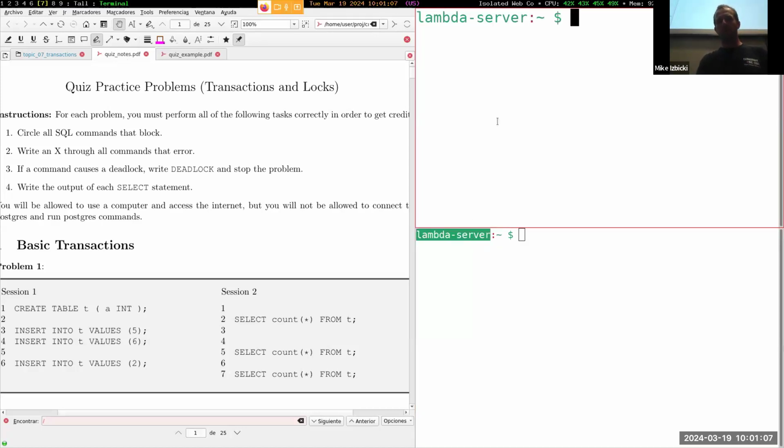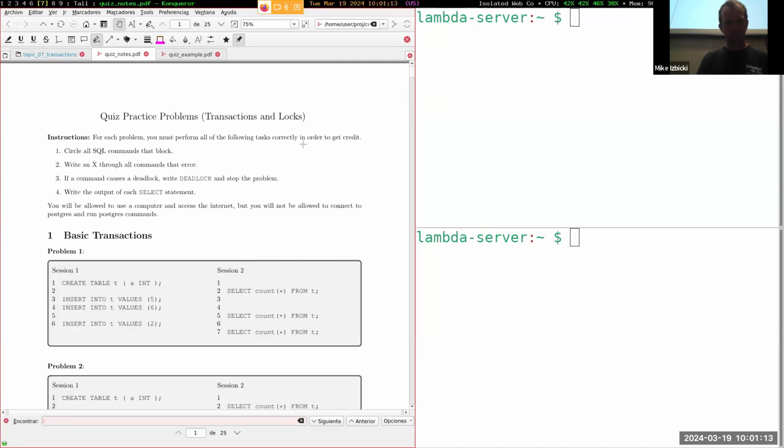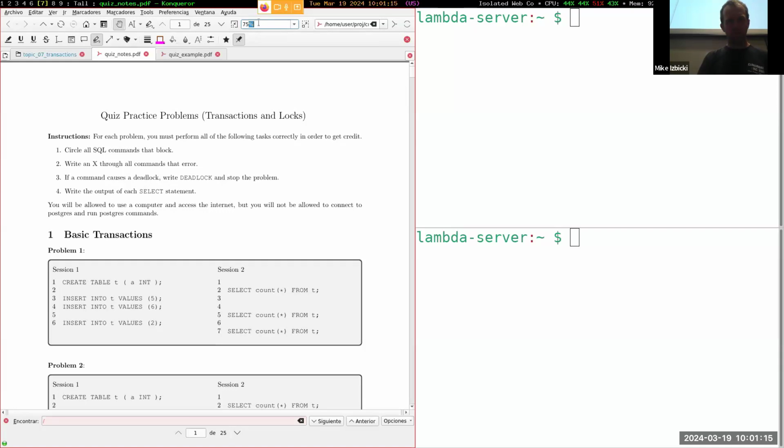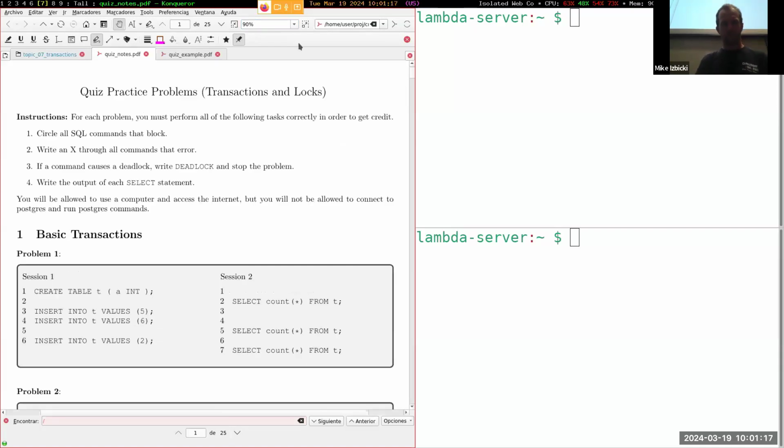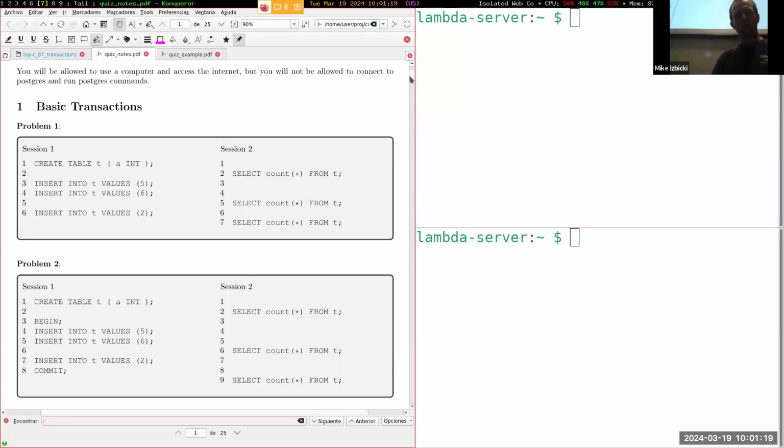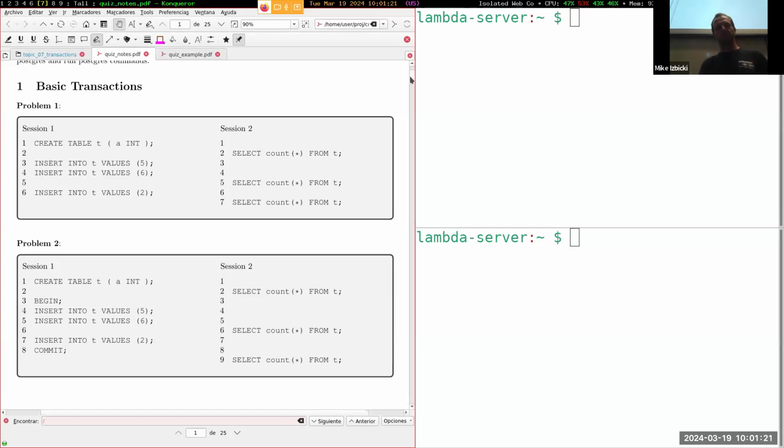Maybe make these a little bit bigger for a second. And on the left-hand side, let's zoom out just a little bit, let's try changing this to 90%. There we go, so we can see a full problem filling up the window at once. It's important that we have two terminals open at once and that you're able to see them both at the same time.